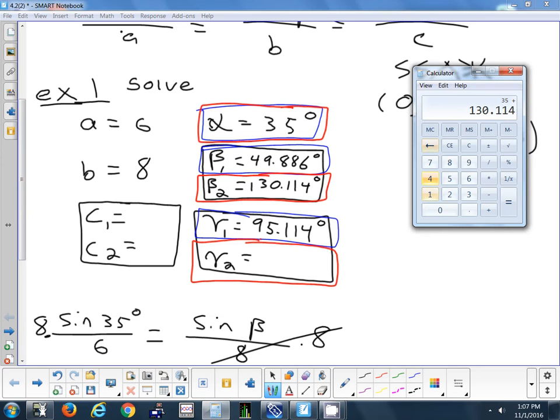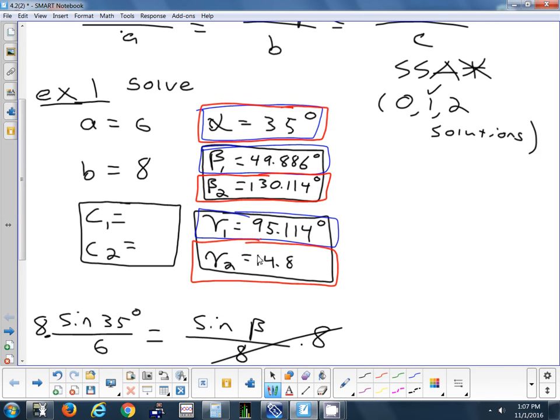So the given and beta 2 add up to 165.114. Subtract it from 180. And I get gamma 2 is 14.886. Now that I have the angle that's across from C1 and the angle across from C2, I can find C1 and C2.